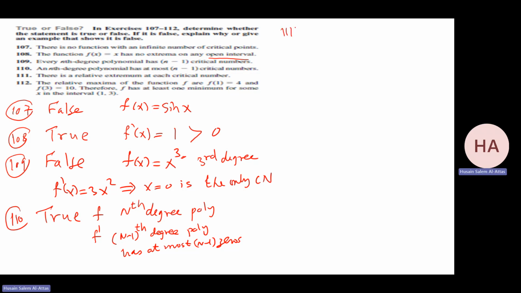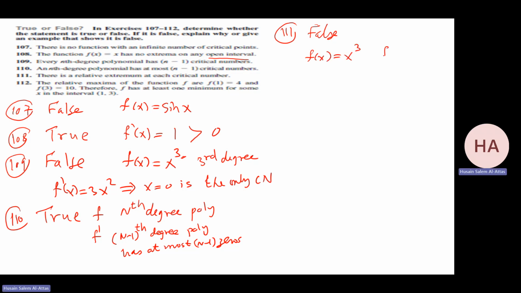1, 1, 1 says what? There is a relative extrema at each critical number. No. The function may not be continuous at each critical number. No. And not only that, for example, take x cubed.